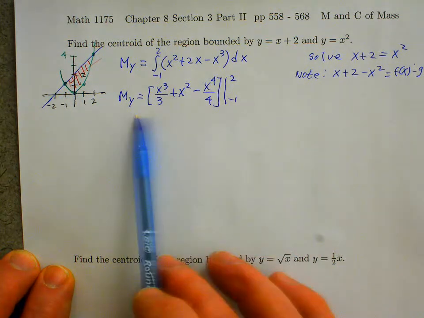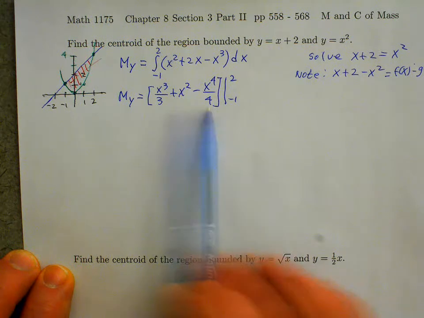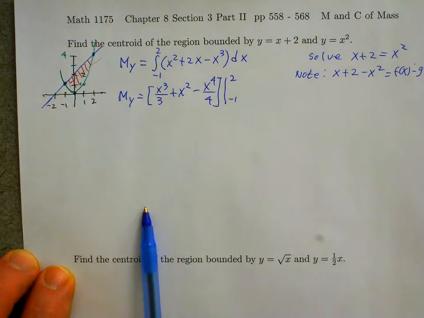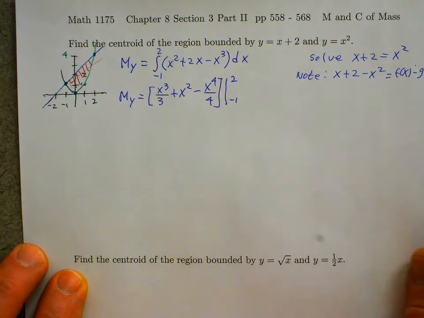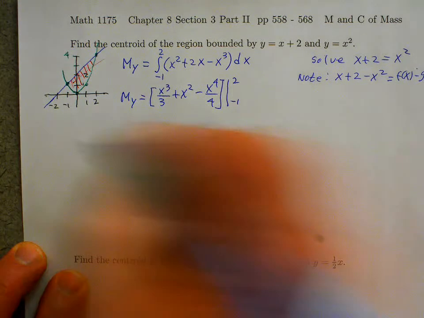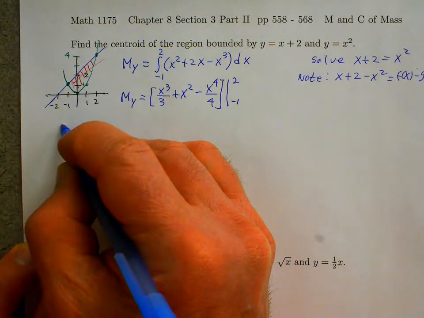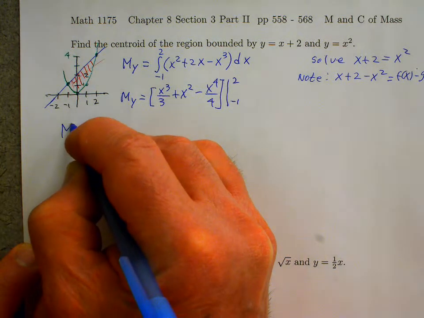I'll leave the rest of that for you to do. I want to get to the moment of the region about the x-axis. This one, we have to be a little bit more careful.